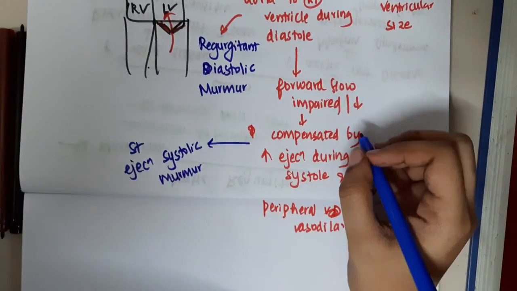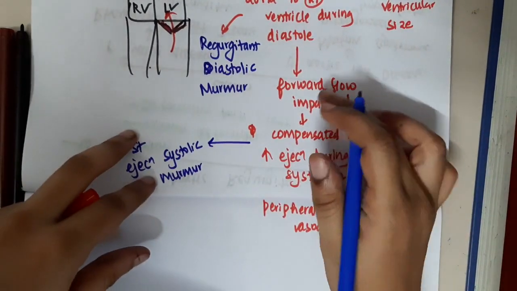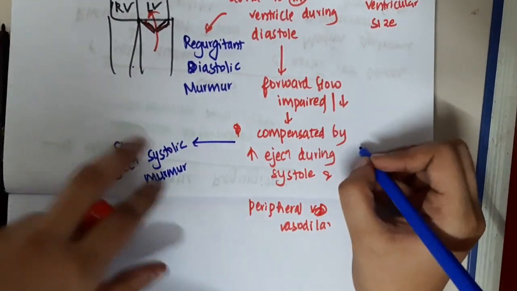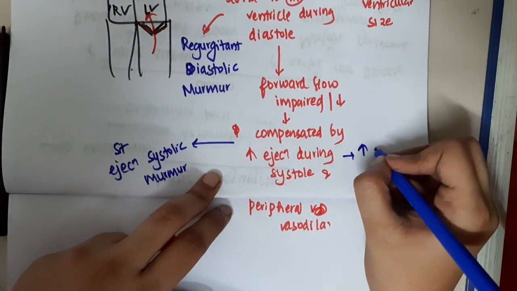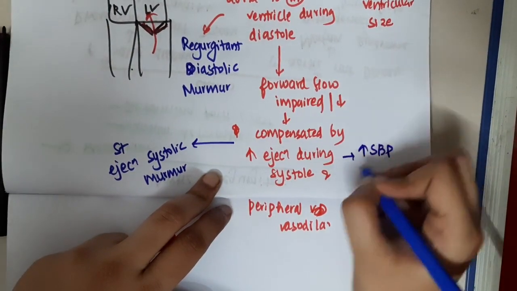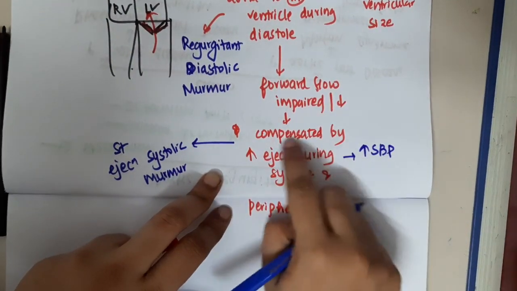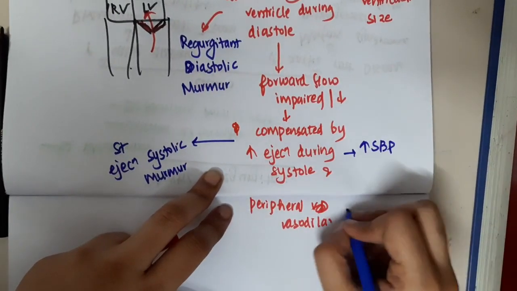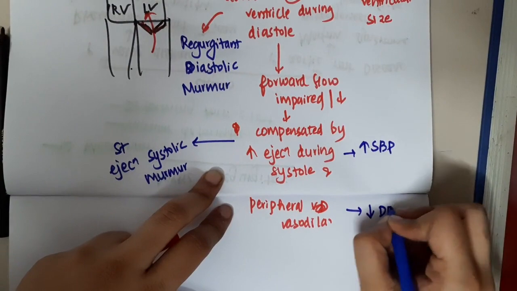Because of this impaired forward flow and increased ejection during systole, there is increased systolic blood pressure. Because of peripheral vasodilatation, there is decreased diastolic blood pressure.